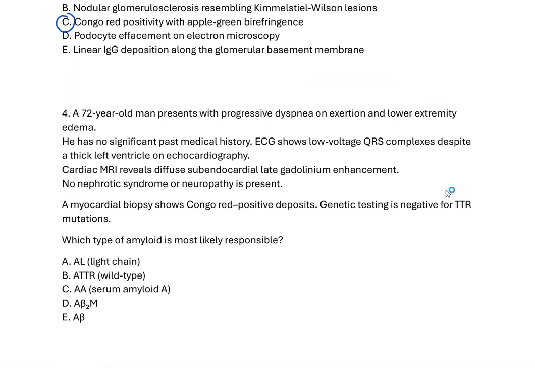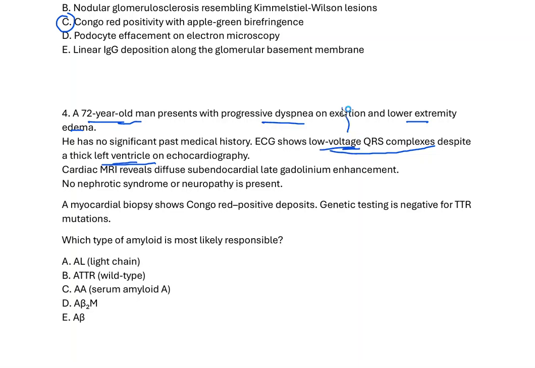Moving on to the next question. A 72-year-old man presents with progressive dyspnea on exertion and lower extremity edema. He has no significant past medical history. EKG shows low voltage QRS complexes despite a thick left ventricular wall. So he has a very thick ventricular wall and a low voltage.